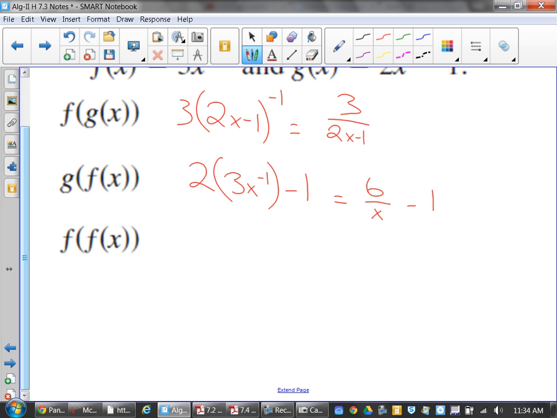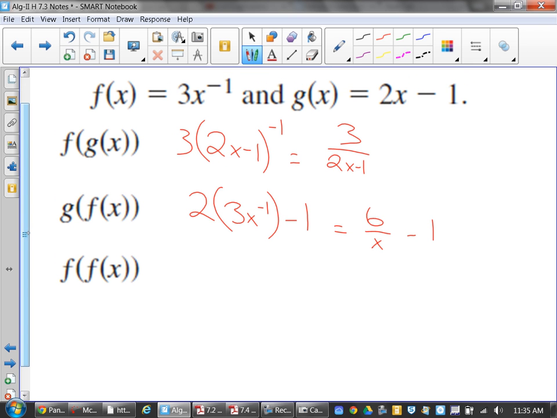And then the weirdest of them all, f of f of x. You start by writing down the f of x equation, and then you surround it with the f of x equation.